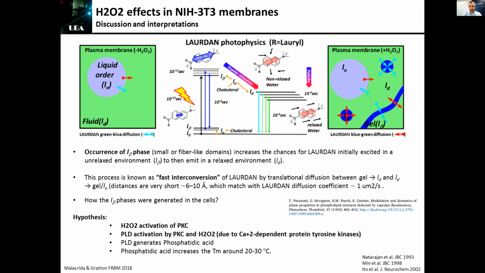And the explanation that I found is this. Hydrogen peroxide can activate protein kinase C, and protein kinase C can activate phospholipase D. And phospholipase D is in charge of chopping the head of the phospholipid, making a phosphatidic acid.